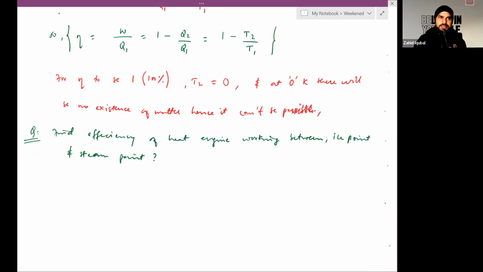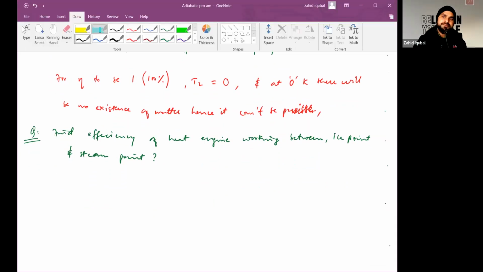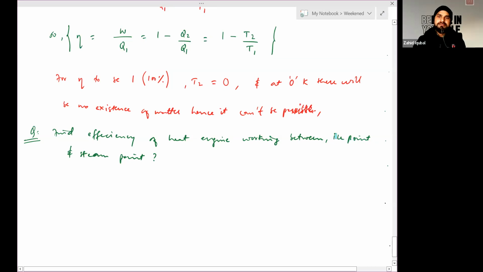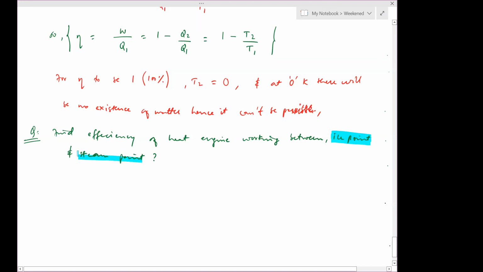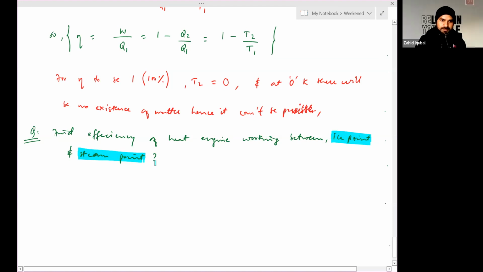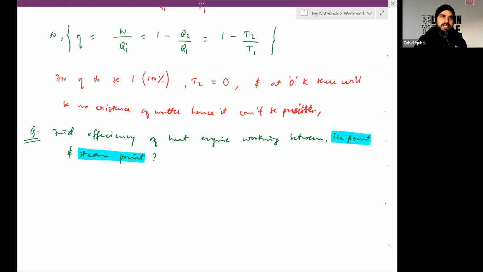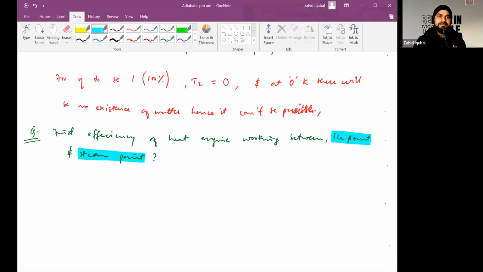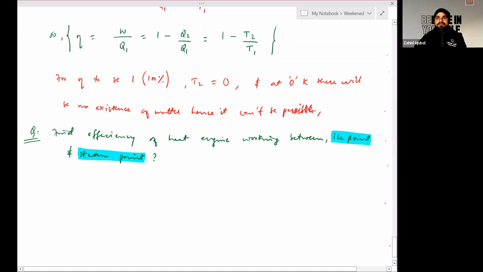Marine, what do you mean by ice point? Melting point. Melting point of what? Ice. Okay, so what will be its numerical value? 0°C. So in terms of Kelvin, it will be 273 Kelvin.